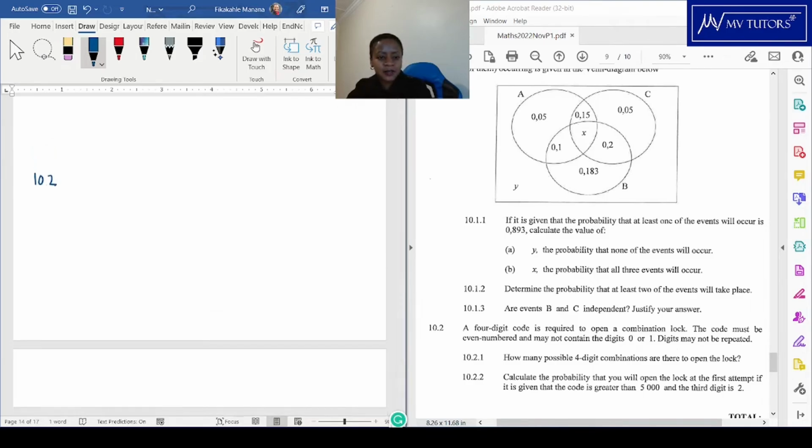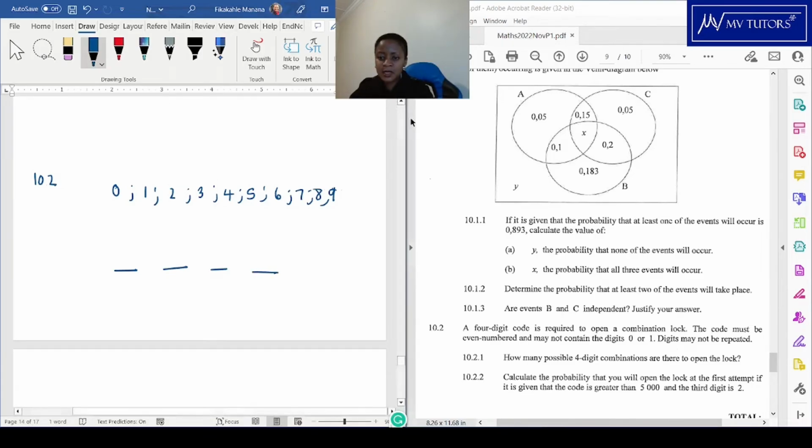So what values are available for us? We have 0, we have 1, 2, 3, 4. Before we apply the restrictions, I know some of you are like, no, 0 and 1 are not included. Yeah, let's just deal with the 10 digits that we have originally. So they told us no repetition, right?